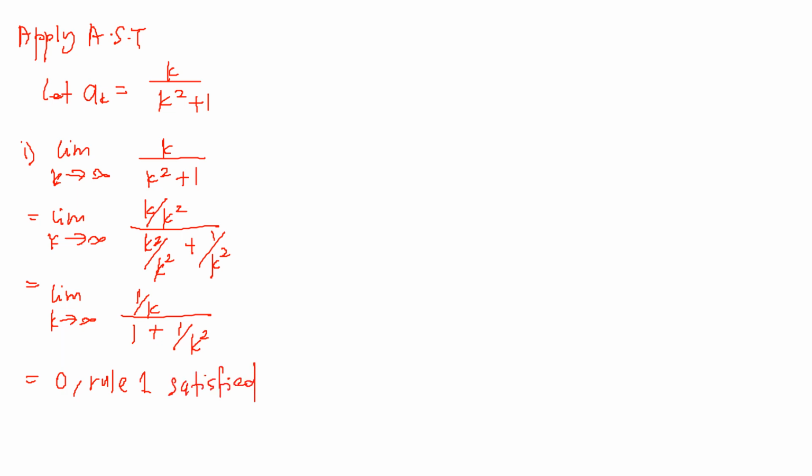When rule number 1 is satisfied, you have to check rule number 2. Rule number 2 is a_n more than a_(n+1). So the variable for a_n, we use k, so a_k: k over k squared plus 1 more than (k plus 1) over (k plus 1) squared plus 1.